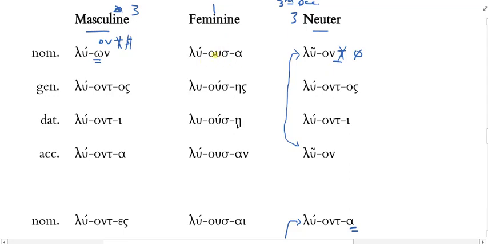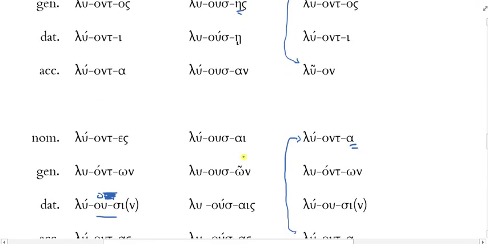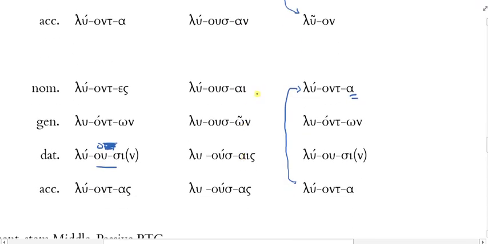This us ending is probably related to the nu tau ending, but some other phonetic issues have changed things around, and it ends up taking on an alpha eta stem that we are going to add our case endings after. Okay, so we're going to use all the same cast of characters of the first declension case endings: luusa, luuses, luuse, luusan, luusai, luuson, luusais, and luusas.